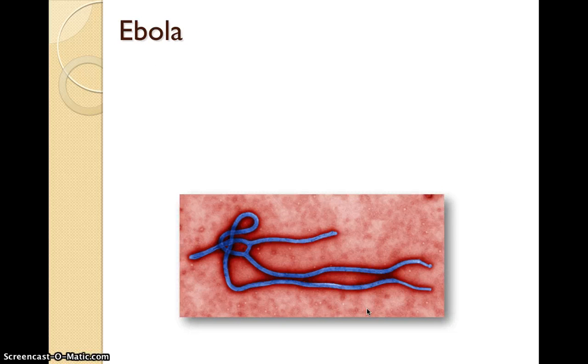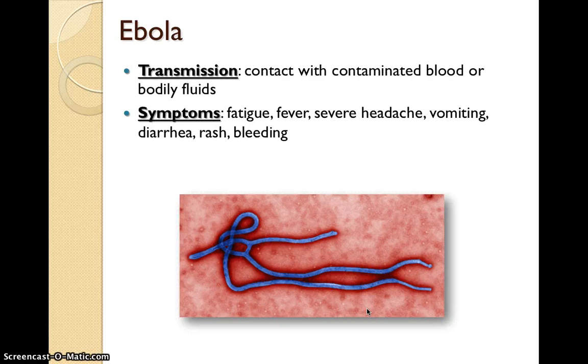Furthermore, we hear this, which is quite popular nowadays: Ebola. Ebola is a virus that can transmit through bodily fluid, and many symptoms follow: fatigue and fever, very similar to a very severe cold plus some kind of food poisoning.